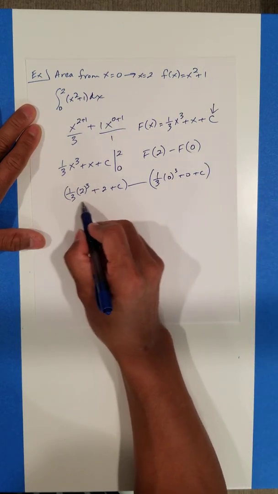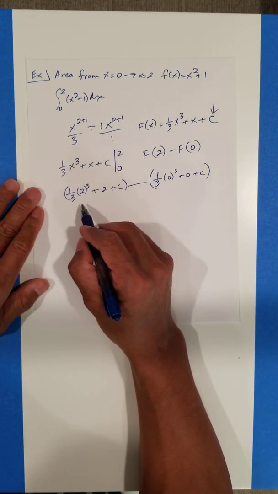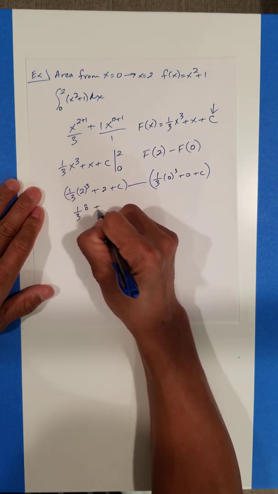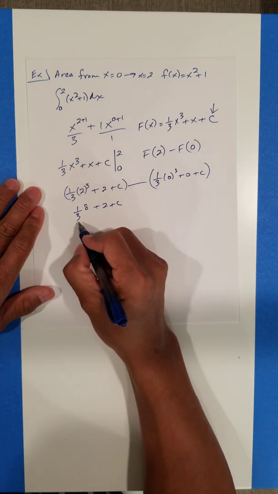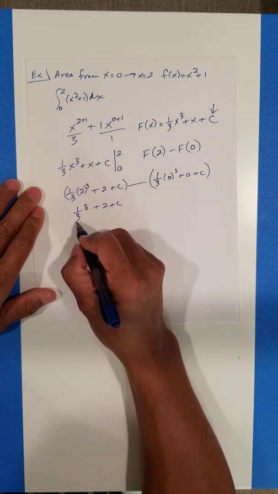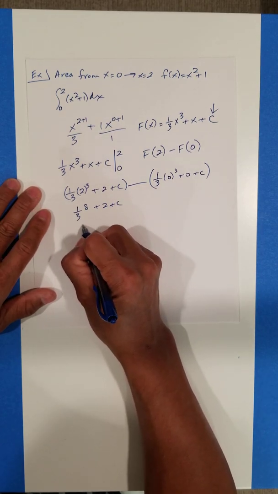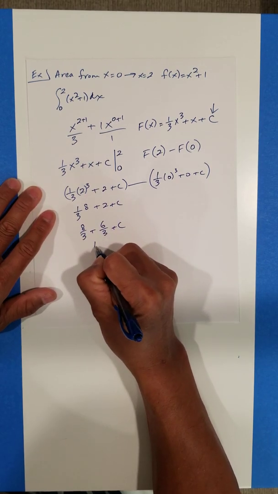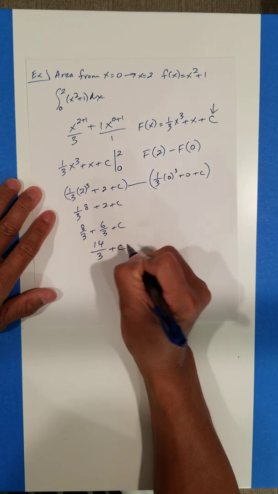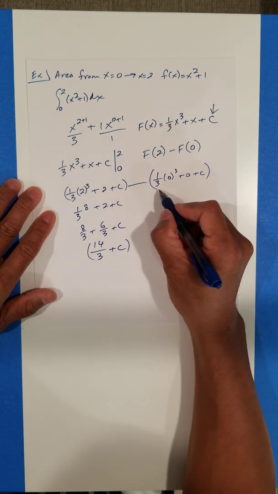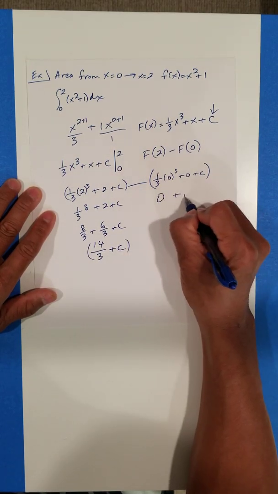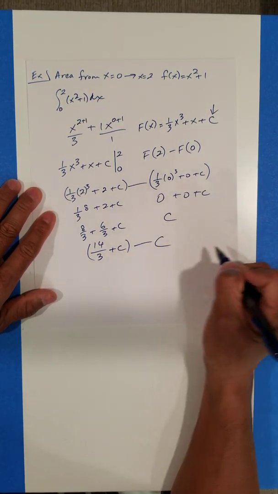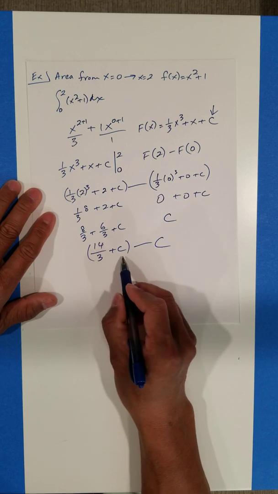All right, let's evaluate this. We get 1/3 times 8 plus 2 plus c, so 8/3 plus 6/3 plus c, so 14/3 plus c. Over here with 0 plus 0 plus c, we just get c. So minus c: 14/3 plus c minus c.